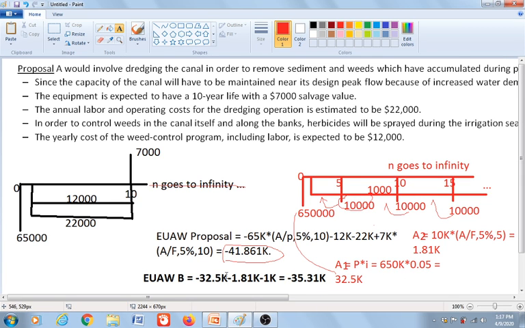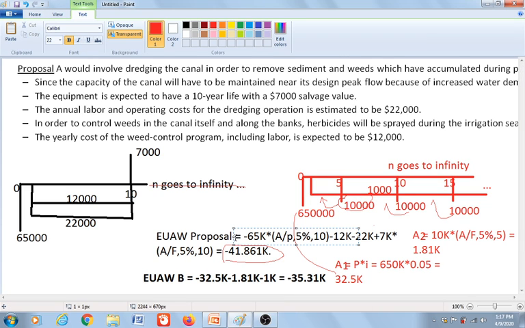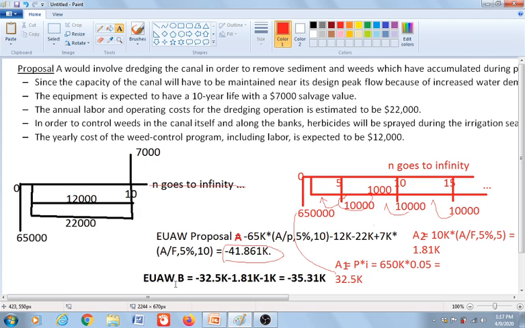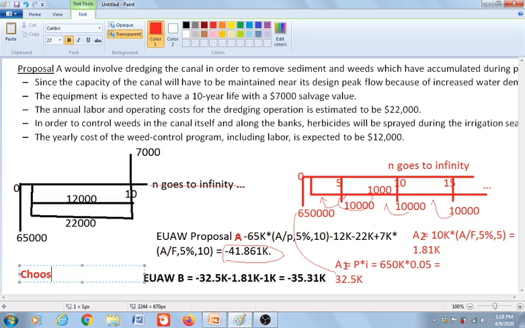So since the EUAW of proposal B is bigger than the annual cash flow of proposal A, we choose proposal B. I think that is it for the annual cash flow analysis, and thank you very much.